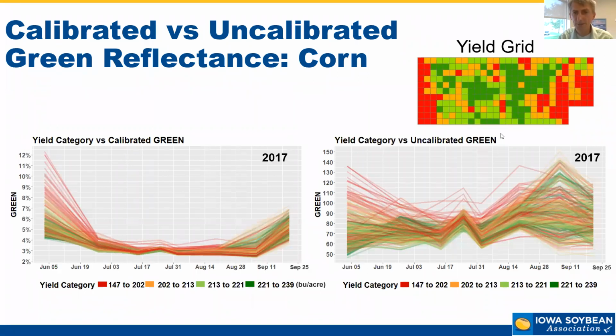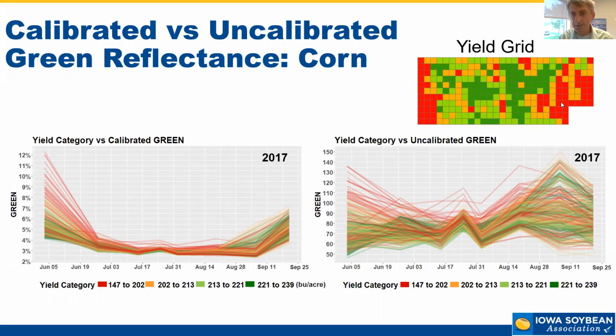For example, if you look here on the right, this is the green reflectance. Notice that for uncalibrated imagery, the green reflectance is in digital units. And these digital units can go in different ways. This is 8-bit imagery, if you understand this, so the range is from 0 to 256.